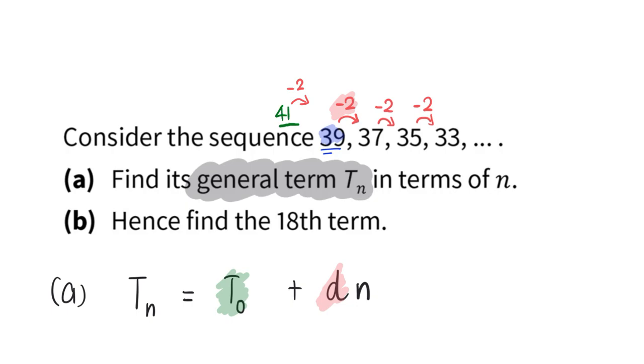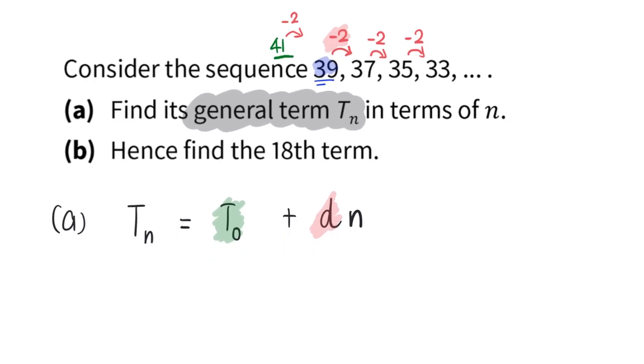41 minus 2 will give me 39, and therefore for this particular question, this will be 41 plus negative 2n, and do simplify this final answer, so it will be 41.